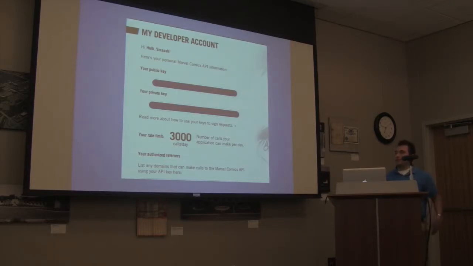Essentially, you need to give attribution, with sentences that say, hey, this is Marvel's API. So this happens to be my information here, but I blocked out the important bits.